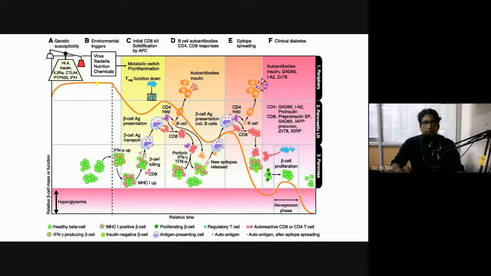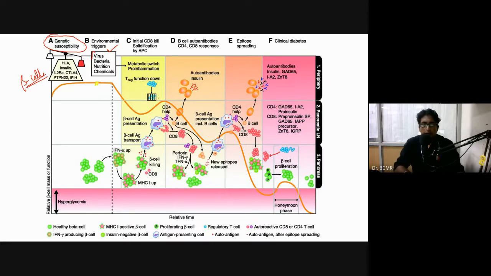Sometimes because of viruses or infections, there could be genetic susceptibility. In some people, the beta cells are more prone to be attacked by the immune system of their own body. Sometimes it could be triggered by environmental factors, including bacteria, nutrition, chemicals, and so on.